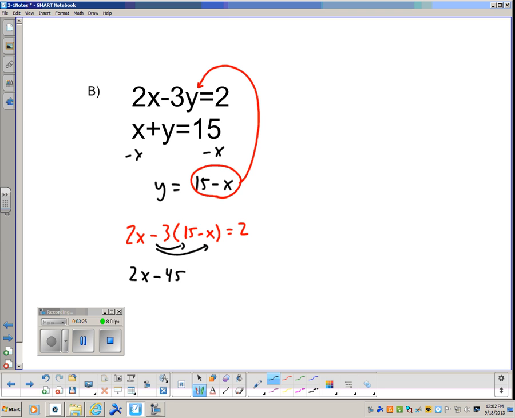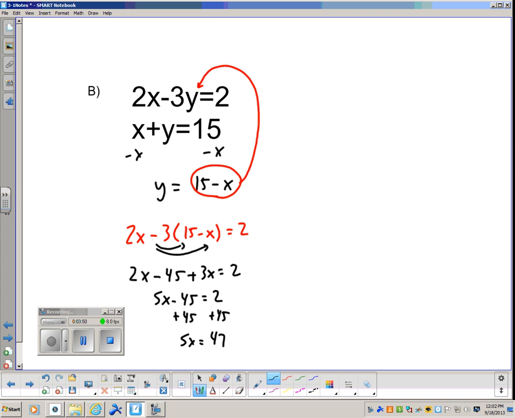Now I can go ahead and distribute the minus 3 through, and I get 2x minus 45. A minus here becomes a plus 3x, equals 2. And I'm going to still keep solving this. 2x plus 3x gives me 5x minus 45 equals 2. I'm going to bring the 45 on the other side, and I get 5x equals 47.